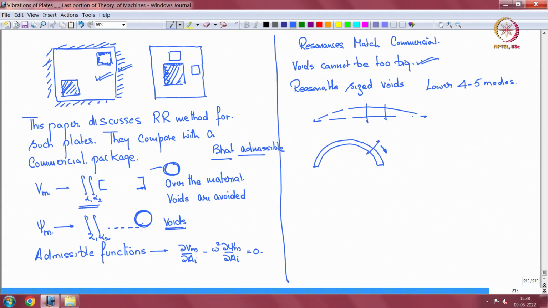So you can do inextensional approximations or those kind of Donnell-Mushtari-Vlasov type of approximations to find some results. But suppose you have an arch like this, pi, and it is built in, that is clamped. It is clamped here and clamped here.